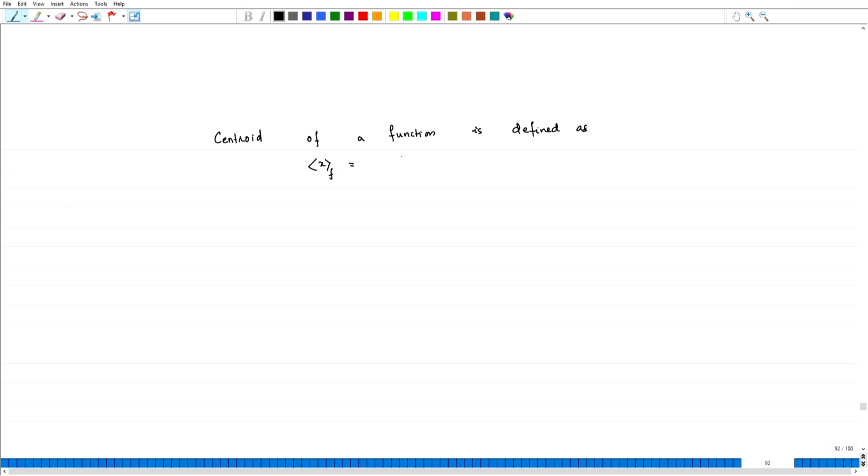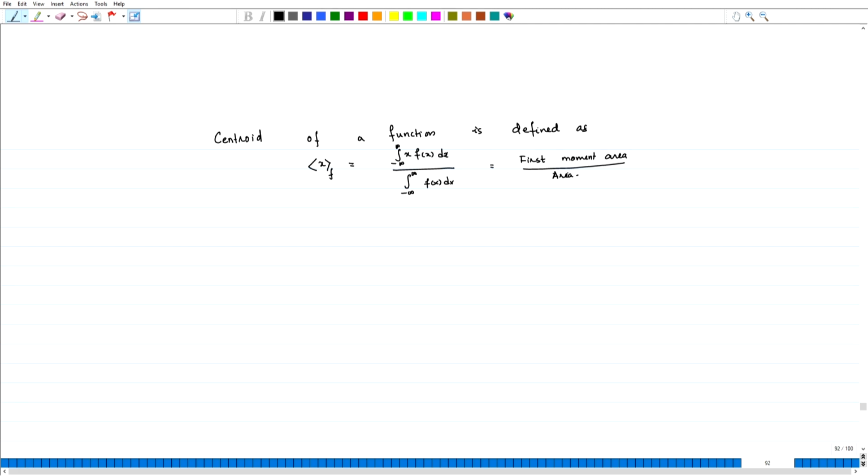So, now this is the ratio of integral minus infinity to infinity x f of x dx divided by the area, integral minus infinity to infinity f of x dx. That is the first moment of area divided by the area.